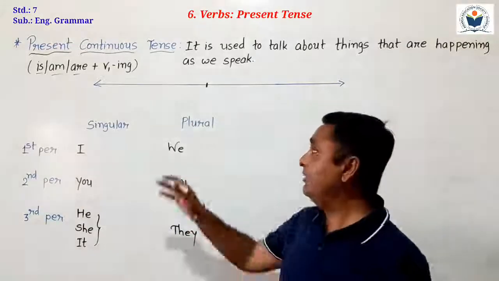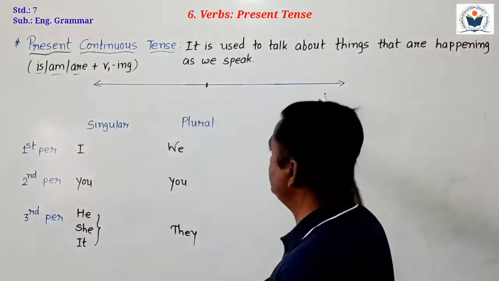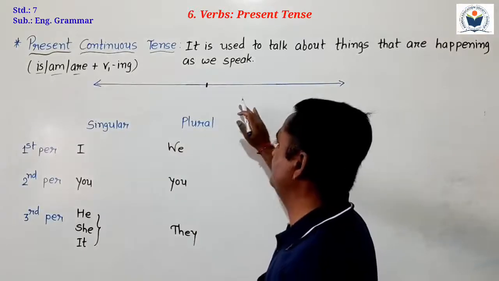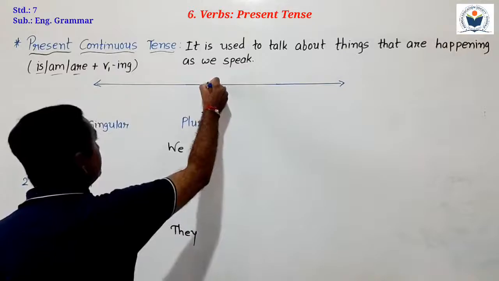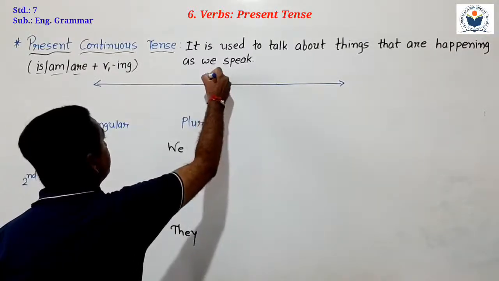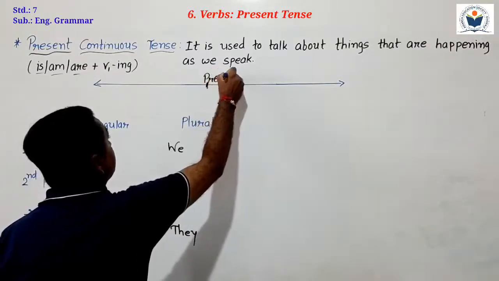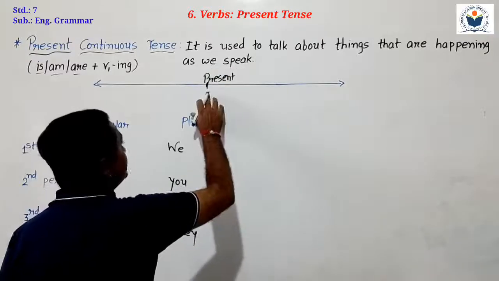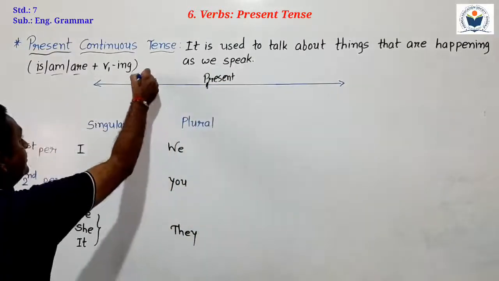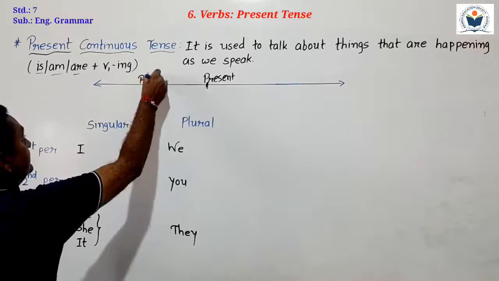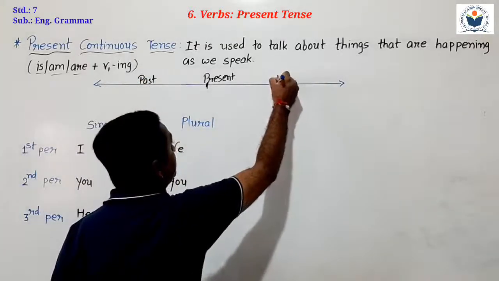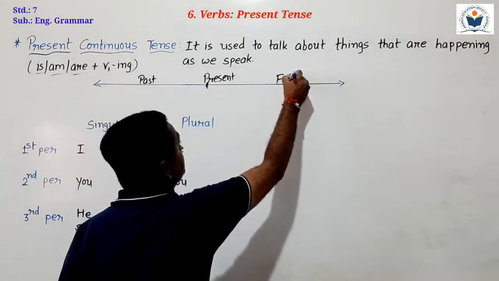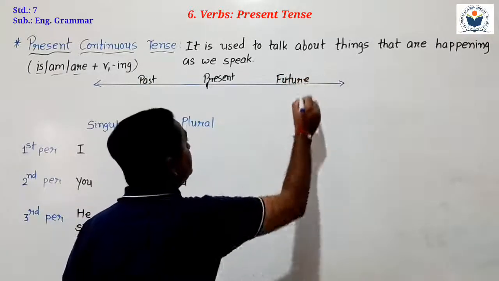Okay? Now with that one line we have to understand when we have to use present continuous tense. See here, I put one word here. It's a present time. While we are speaking, it is a present time. This time is known as a past time. And the remaining part, this side part, is known as the future time.